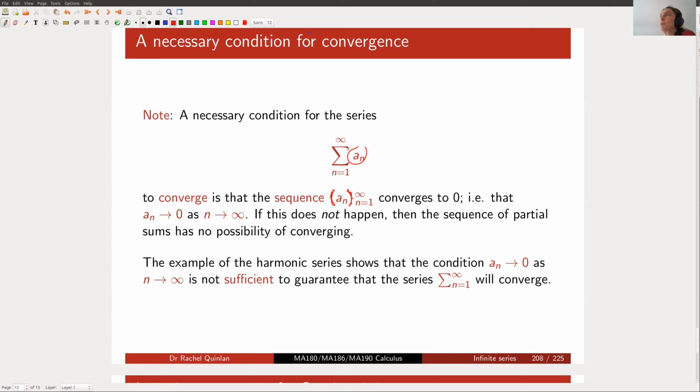So basically it boils down to a question of how fast they're converging towards zero, and the terms 1 over n of the harmonic series are just not converging towards zero fast enough to keep the infinite sum finite. In the case of 1 over 2 to the n, as we saw, they are converging towards zero much faster, and fast enough to keep the area bounded, if you were to draw the corresponding picture there. Okay, so that's essentially what we have to say about infinite series.